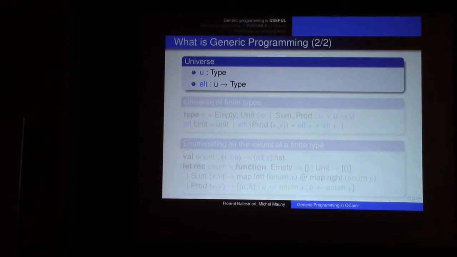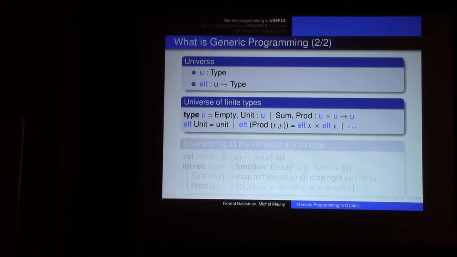So given a name, we return the type of the elements corresponding to this name. An example is the universe of finite types given by the empty type, the unit type, and finite sums and products.